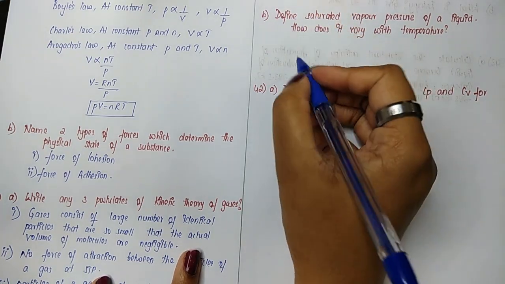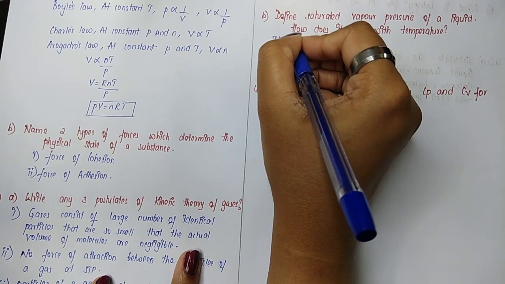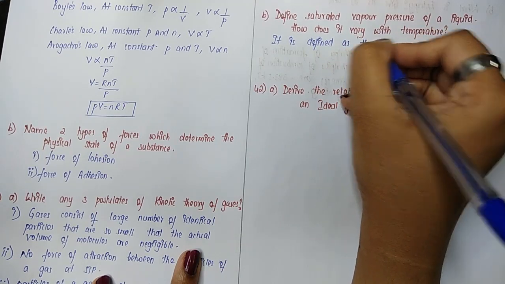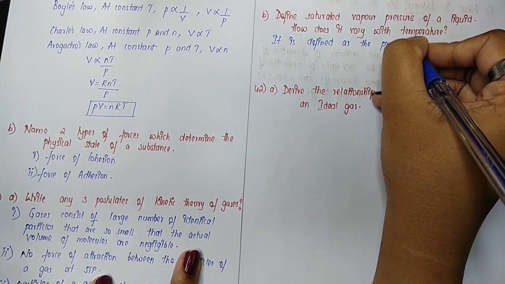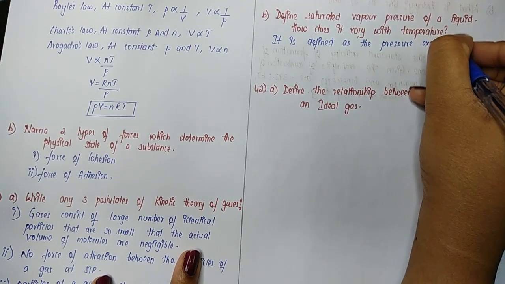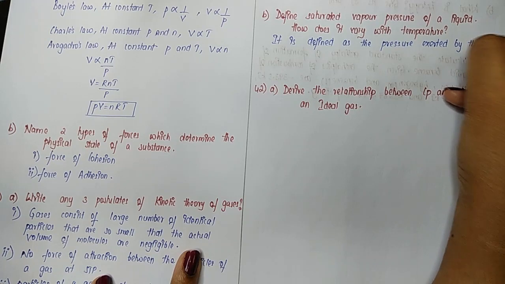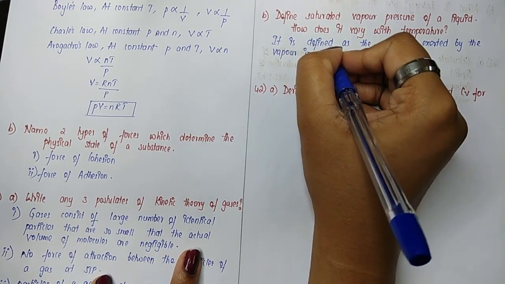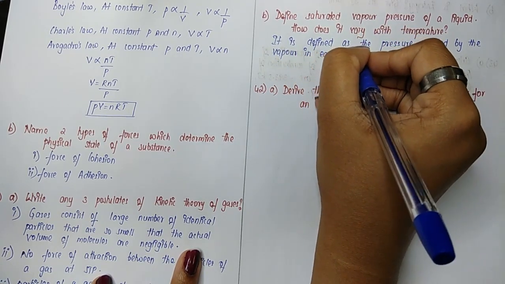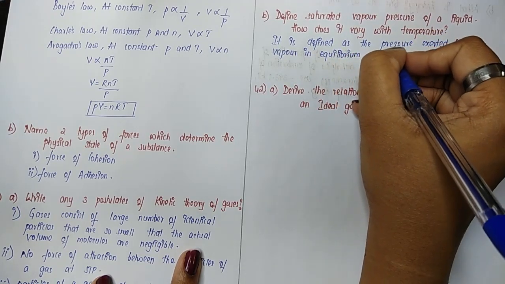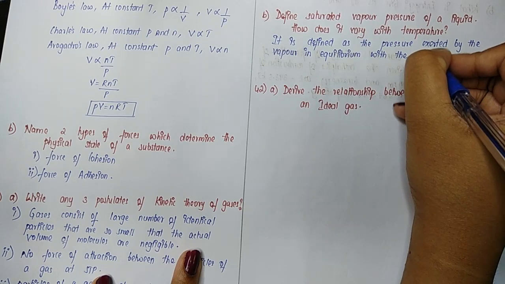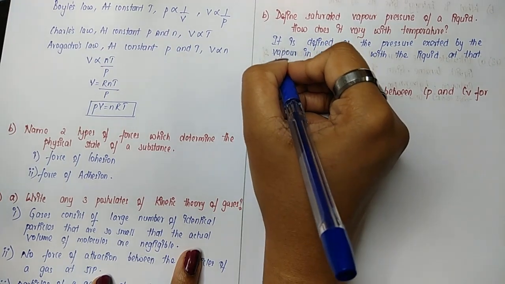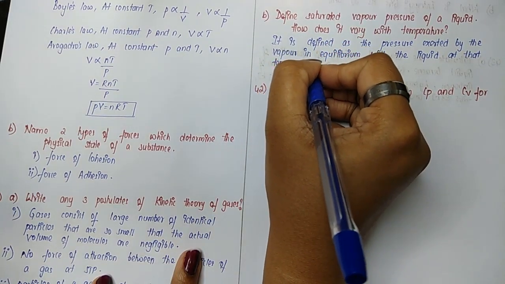So the definition is, it is defined as the pressure exerted by the vapor in equilibrium with the liquid at that temperature. So that's the definition of saturated vapor pressure.